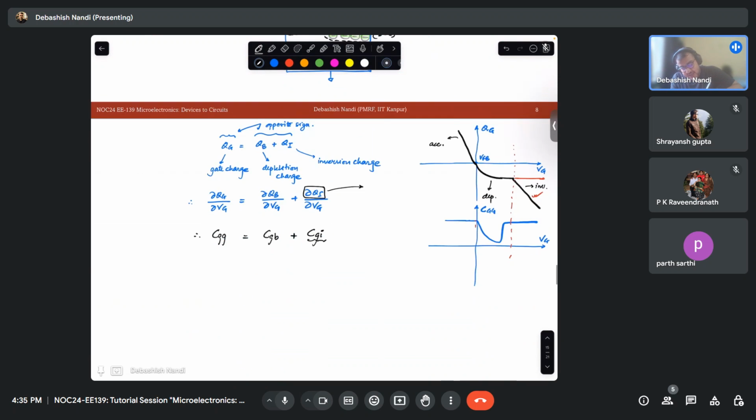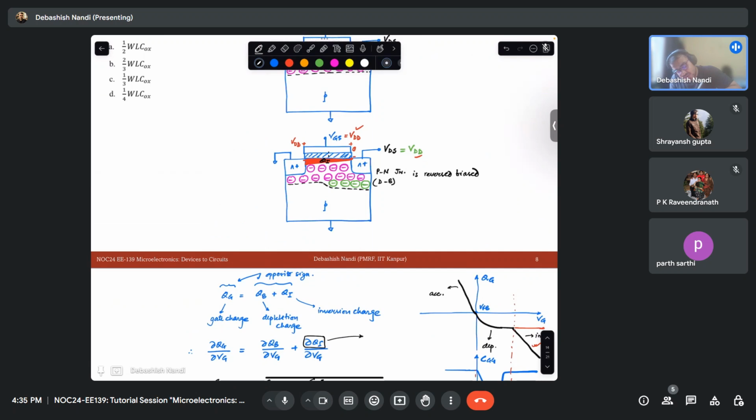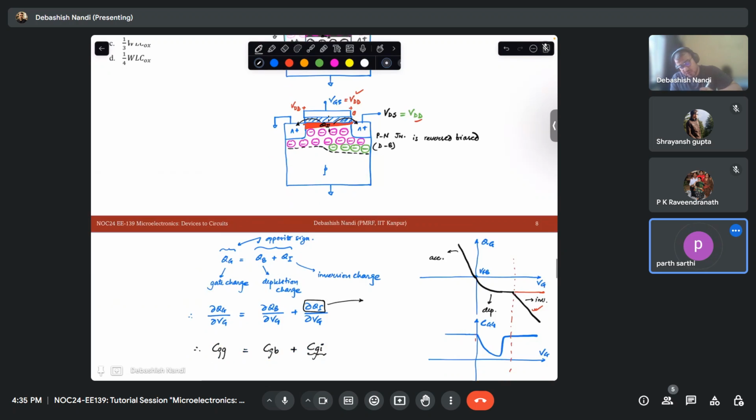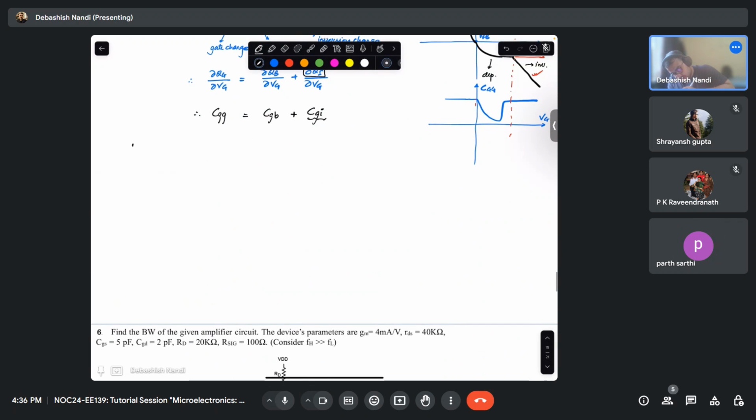So some portion of the QI has to be assigned to source, and some portion of the QI has to be assigned to the drain. Okay. So QI is basically QS plus QD. This is called charge partitioning.